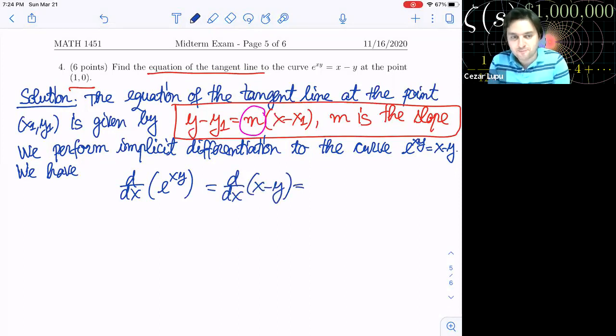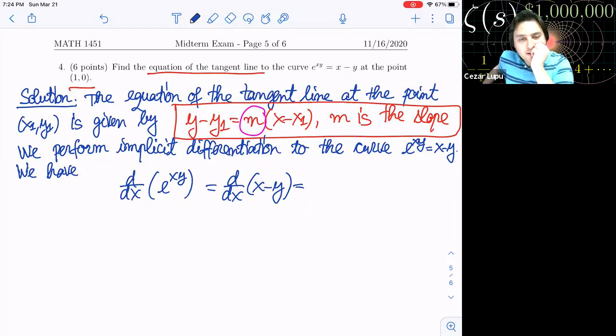Tell me. So the right-hand side will be what?